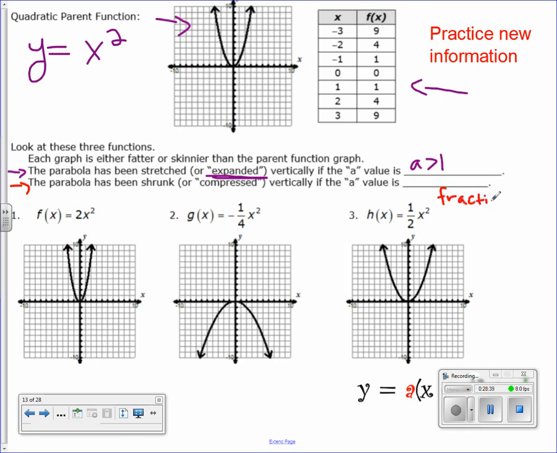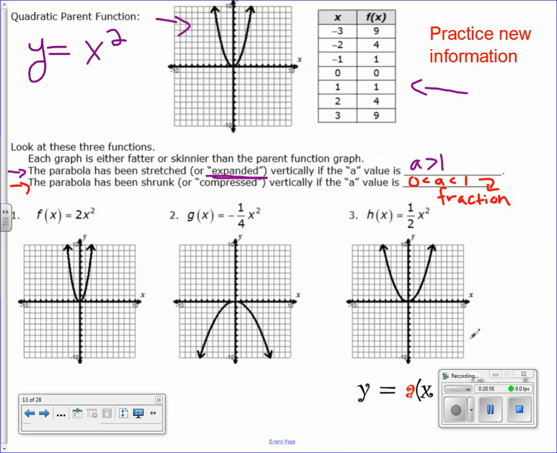The fancy way of writing that is saying our a value will be between 0 and 1. So a is a fraction.